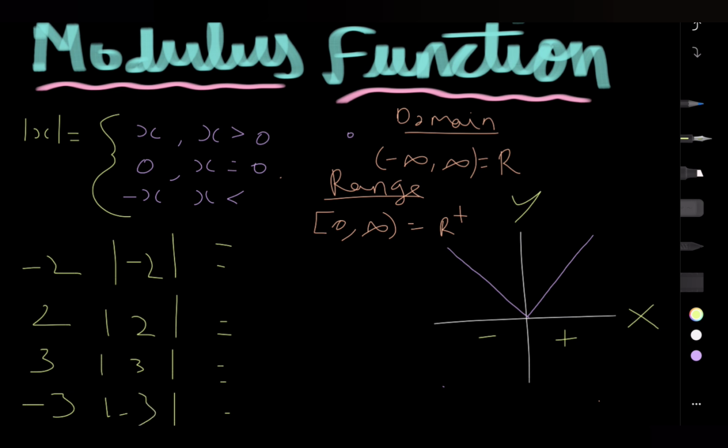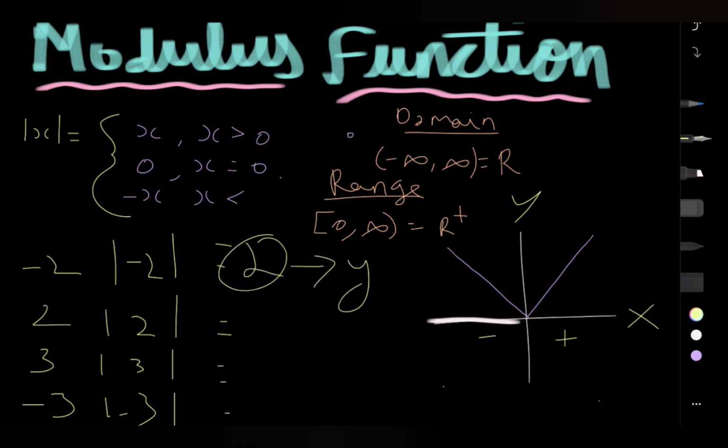Now minus 2 is this side. Whenever I am taking minus 2, the input x is negative, so it will come this side. So modulus of minus 2 is 2 only, this is y. Whenever I am putting minus 2 here, I am getting 2 as y.